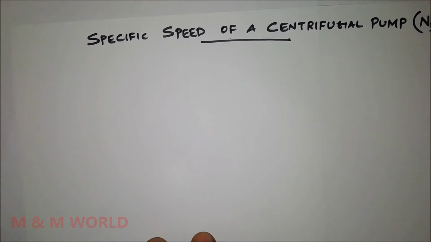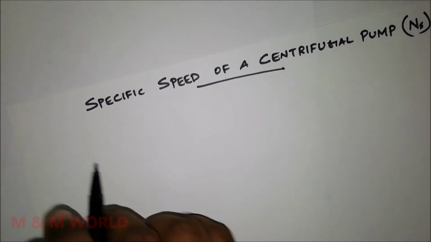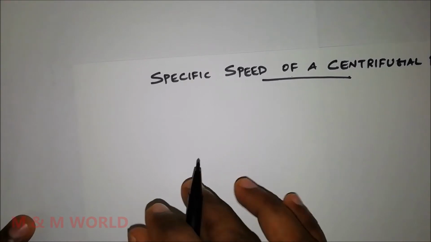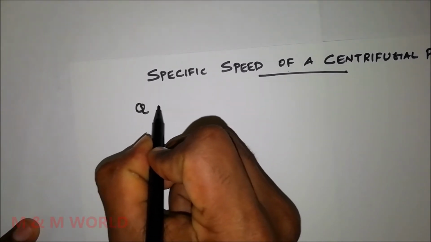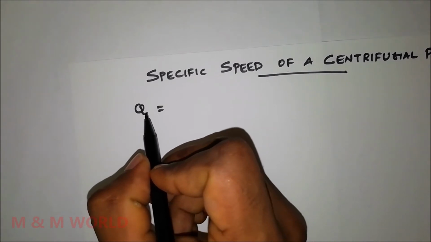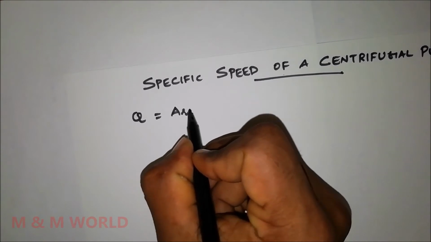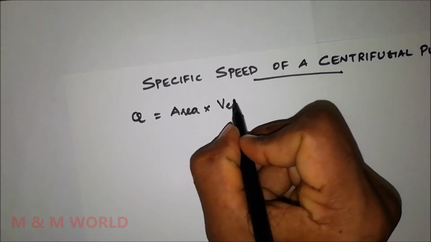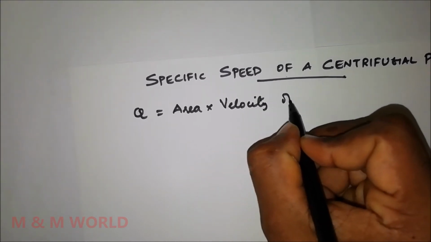So the expression for specific speed: we know that the discharge of a centrifugal pump Q is equal to area into velocity of flow.